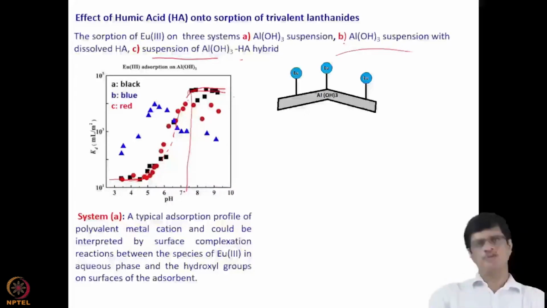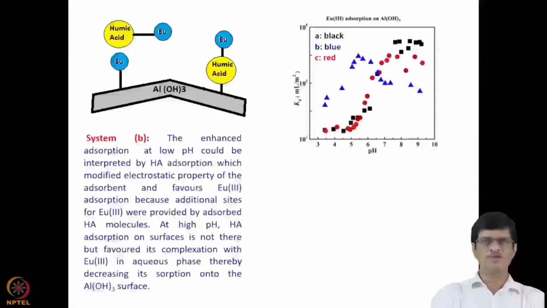It is because of the complexation of the europium 3 ion with the deprotonated aluminum hydroxide, which is there beyond pH 7.5. So this is our case A.